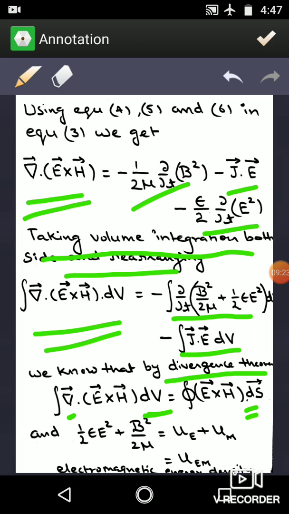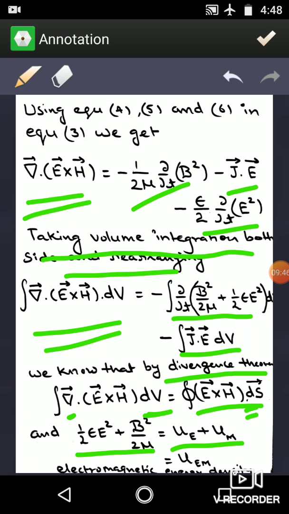Therefore, the volume integration of del dot E cross H is equivalent to the surface integration of E cross H. Also, 1 by 2 epsilon E square plus B square upon 2 mu is the sum of the energy density due to the electric field plus the magnetic field.